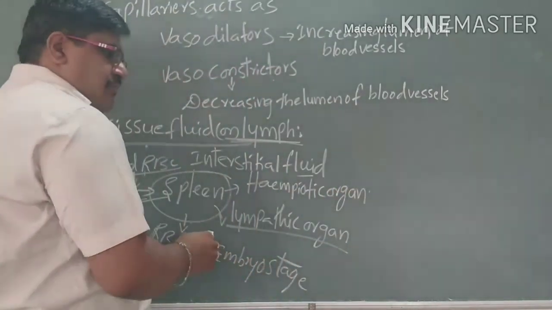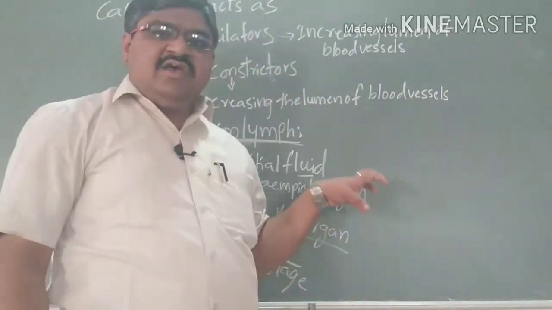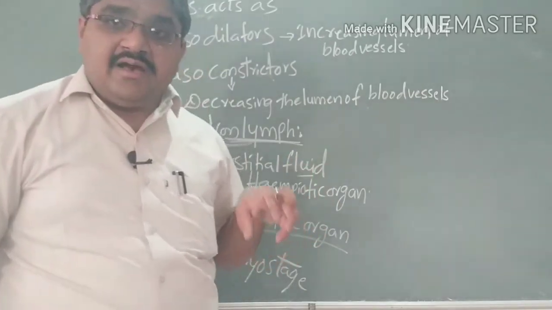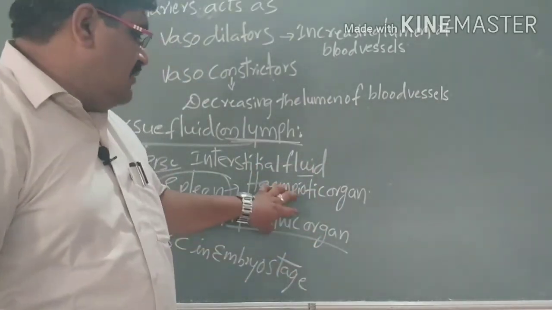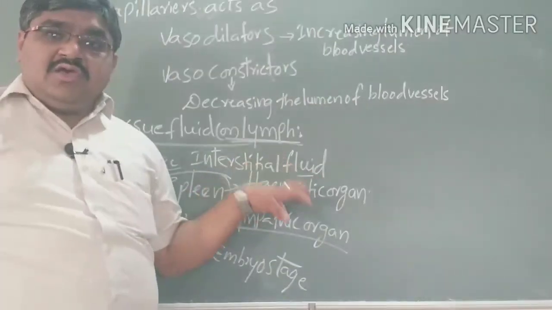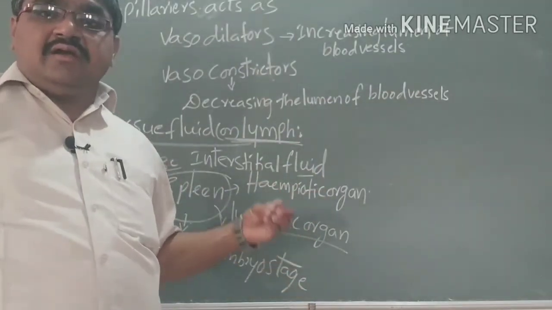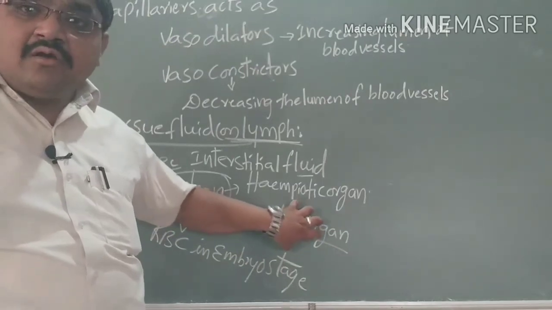Hem means blood, poietic means synthesizing organ. That means it is an organ where they synthesize blood in the embryonic stage. The spleen and the liver are the hemopoietic organs, and the spleen is an important organ which acts as a lymphatic organ.